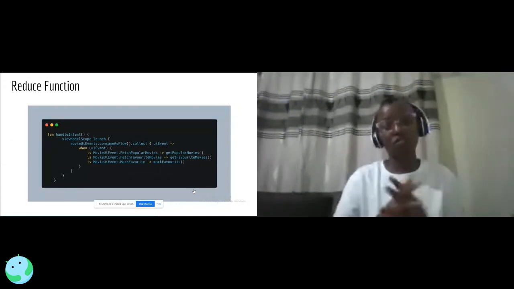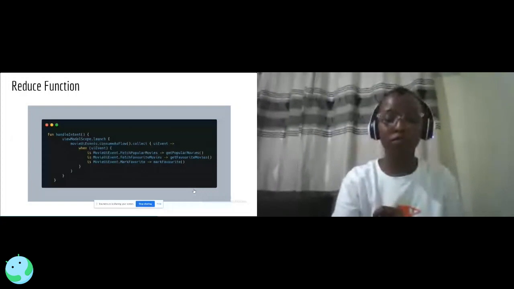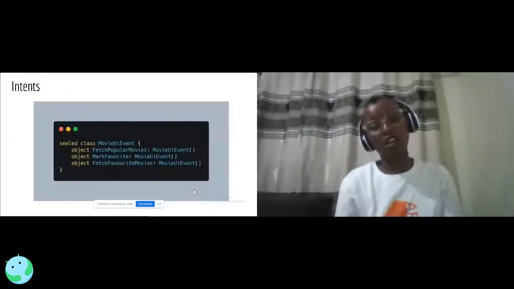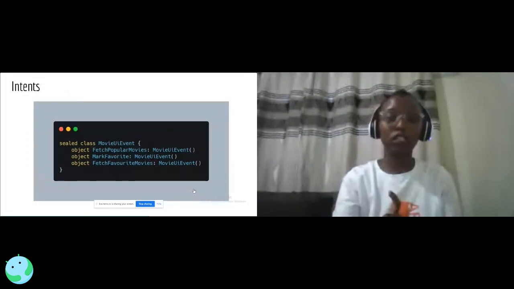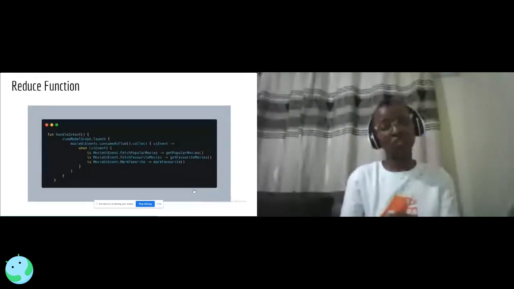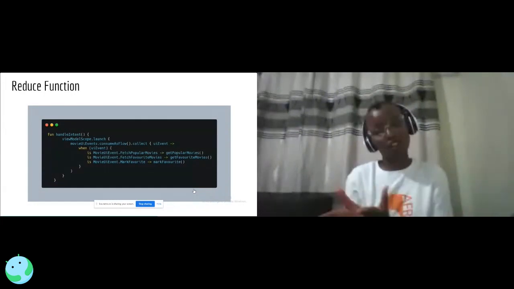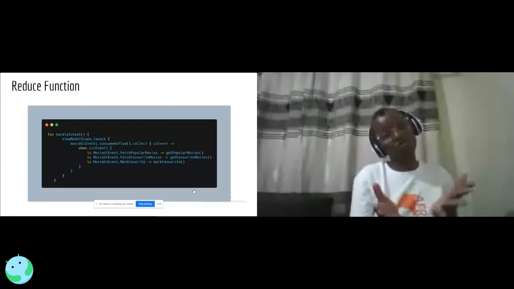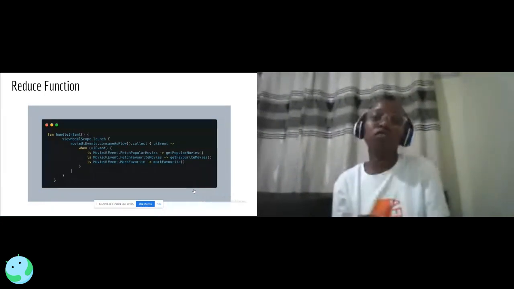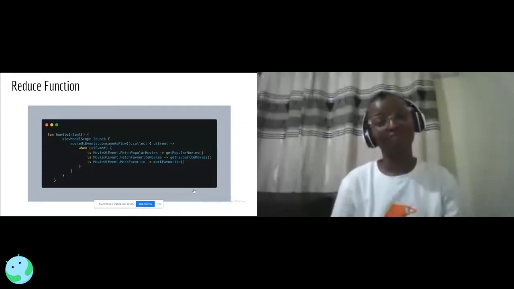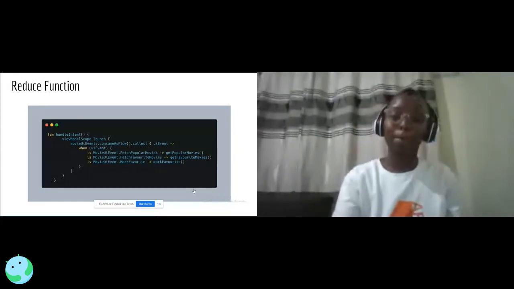Then in your view model, you check which event it is, then map it to the right action that should change the state: get popular movies, get favorite movies, or mark a movie as favorite.